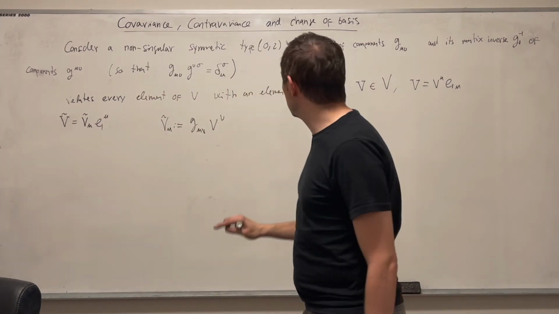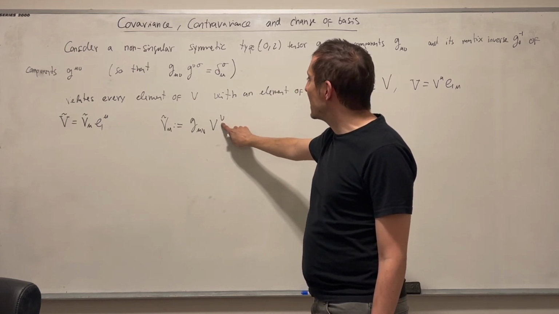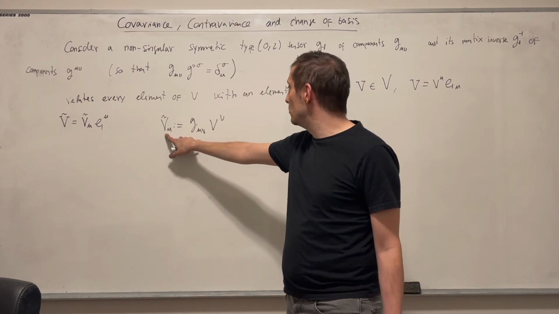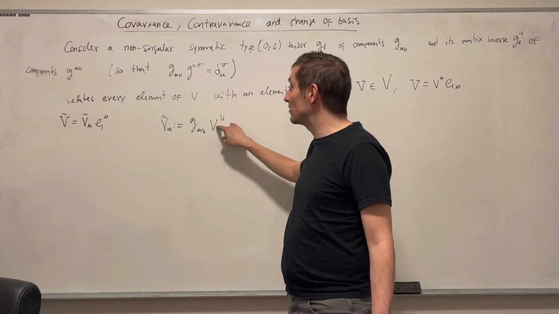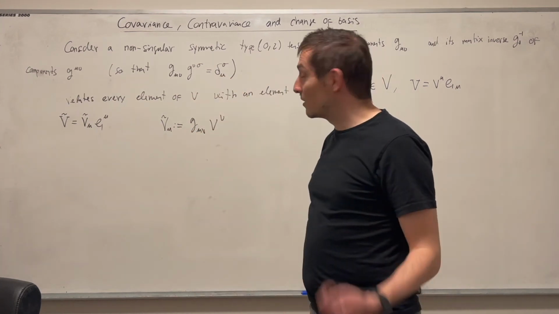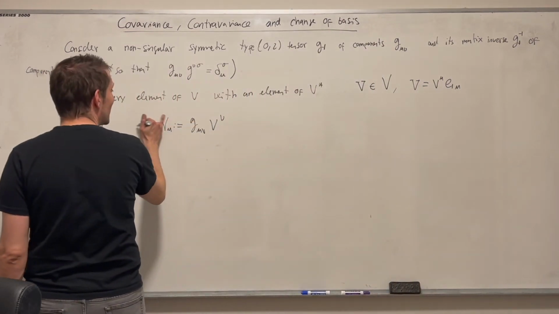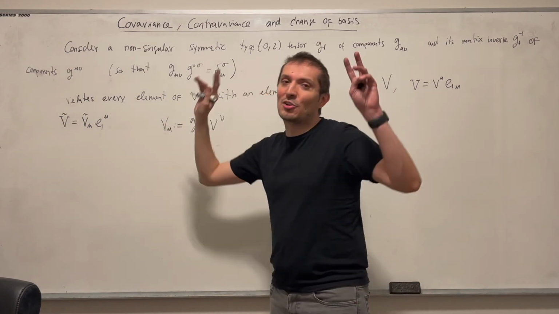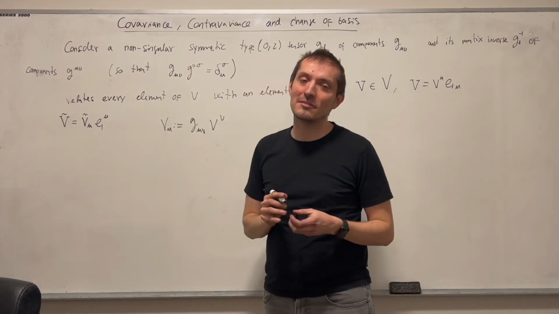So for every element of V of components V^ν, I can associate an element of V star of components V tilde_μ, by contracting it with the metric. The metric acting on the vector returns a vector with an index down. And then we drop the tilde and say that this is the covariant version of the contravariant V^ν.